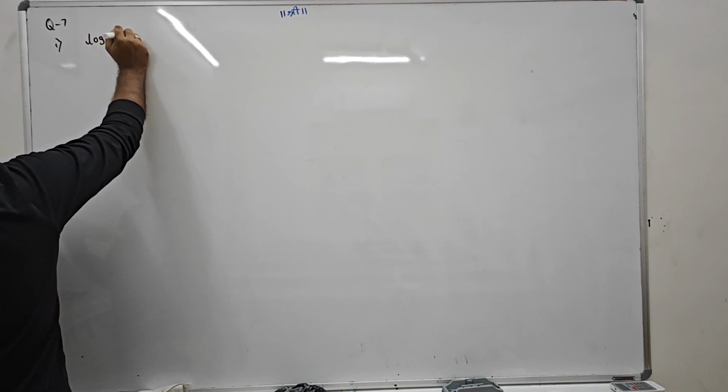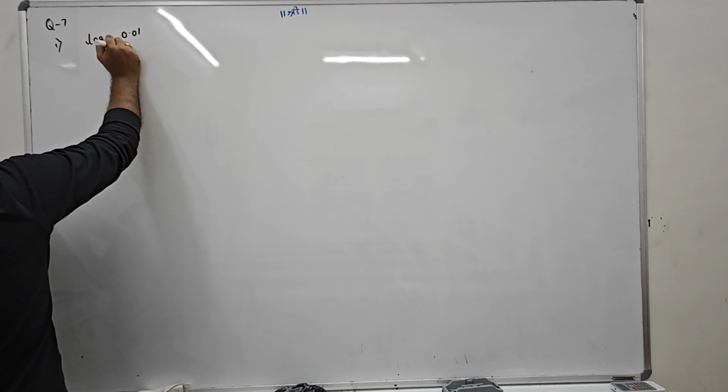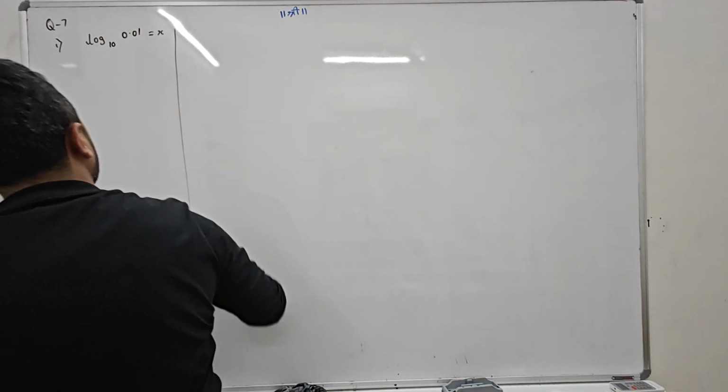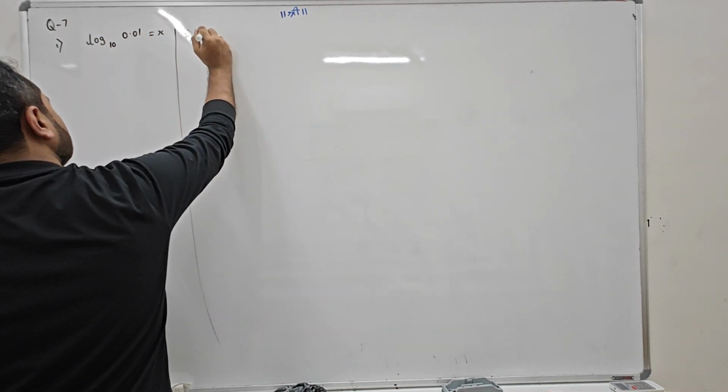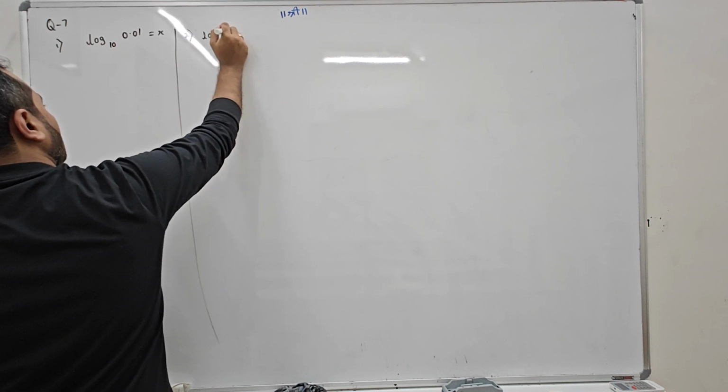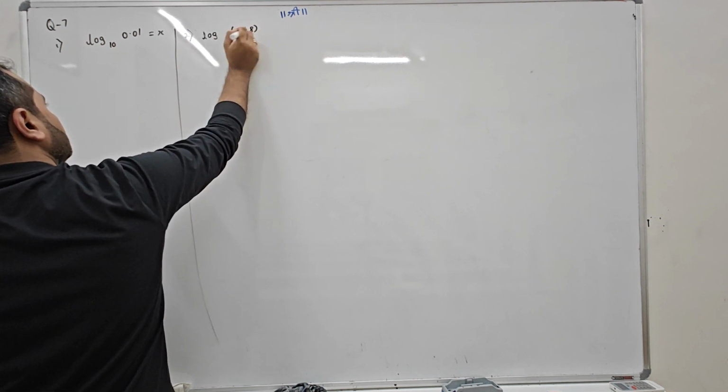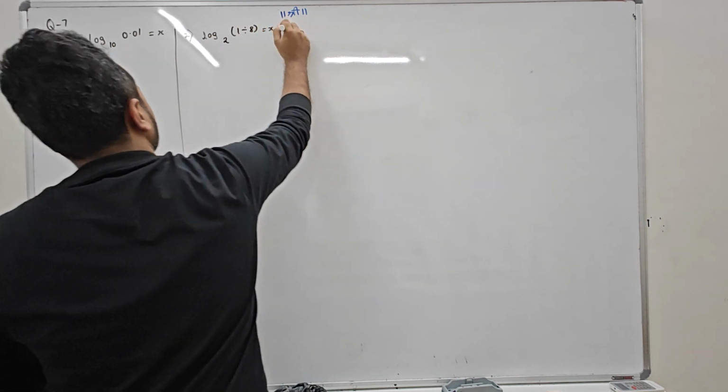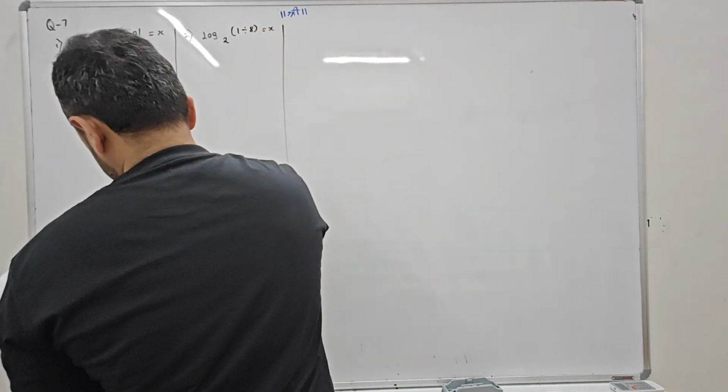We need to find the log of 0.01 to the base 10. Let us assume its value is x. Second, we have to find log of 1 divided by 8 to the base 2. Let us assume its value is x.